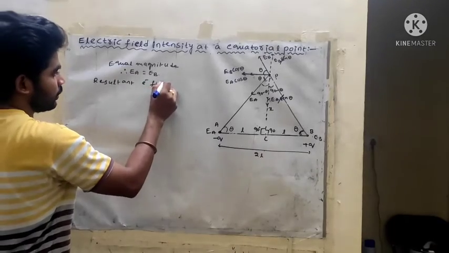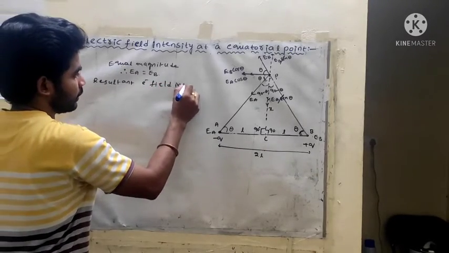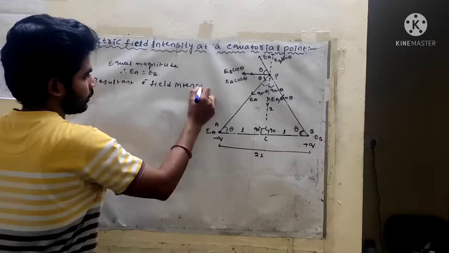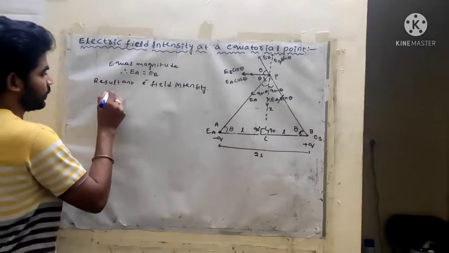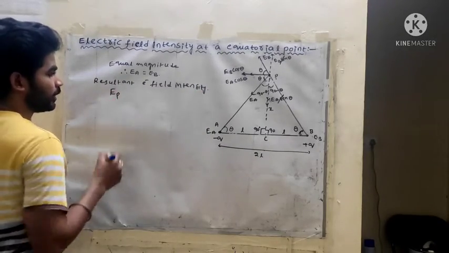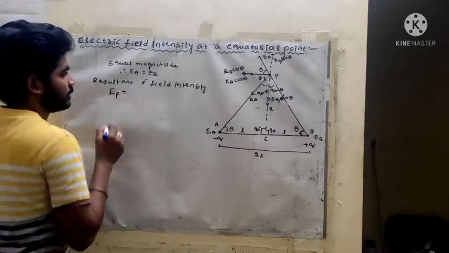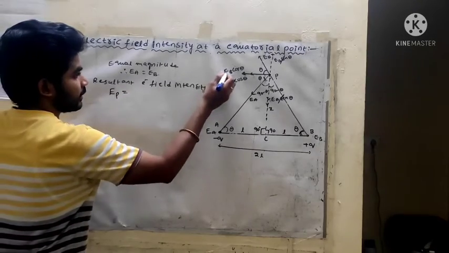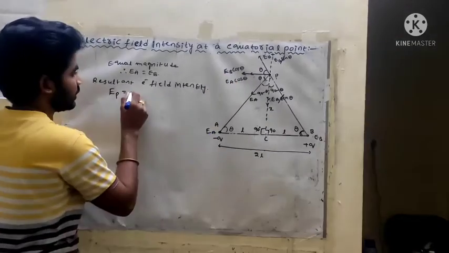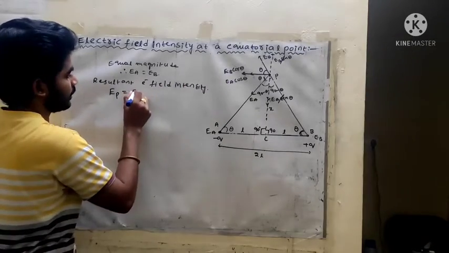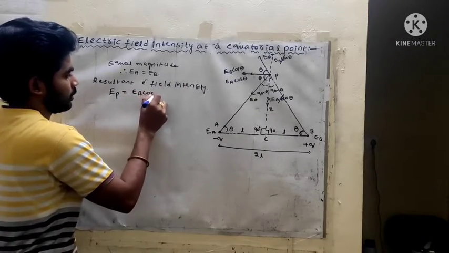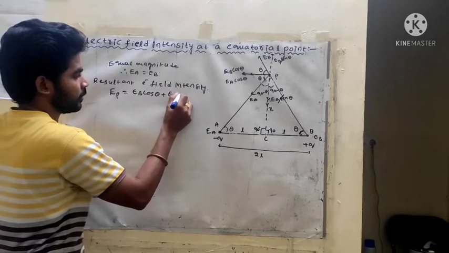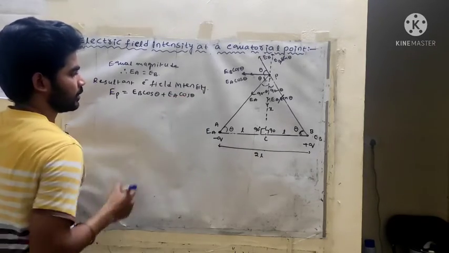So the resultant electric field intensity E at point P, EP, is EB cos theta plus EA cos theta.